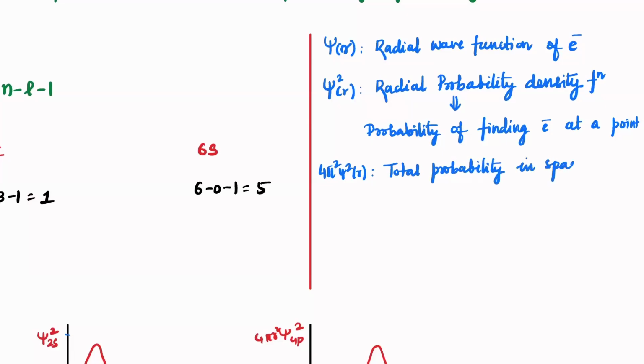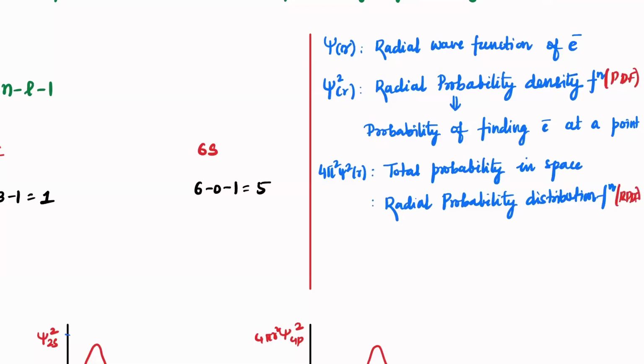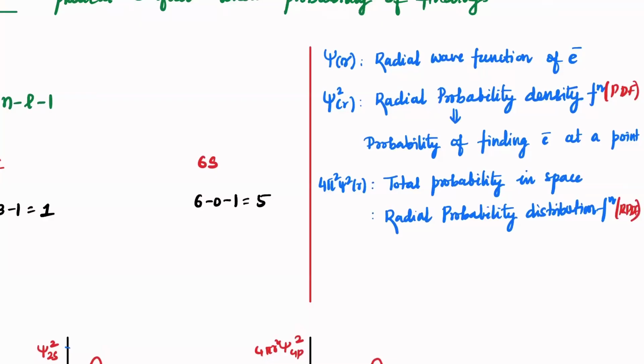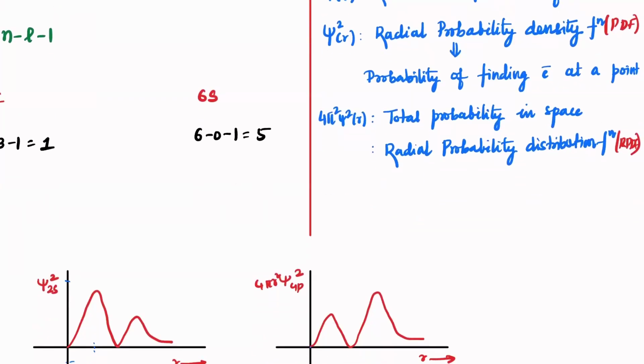Another important way to represent it is the radial probability distribution function. In general terms, this is used as PDF and this is used as RPDF. PDF and RPDF.